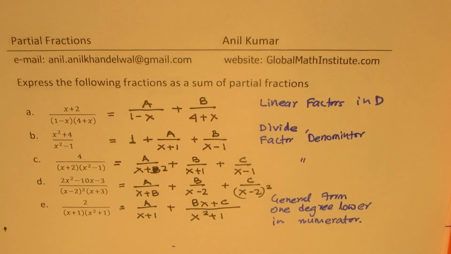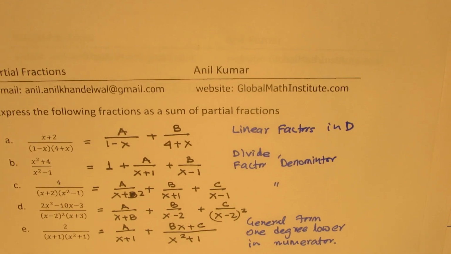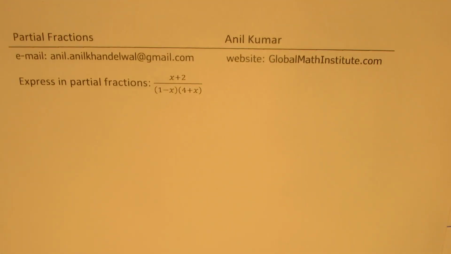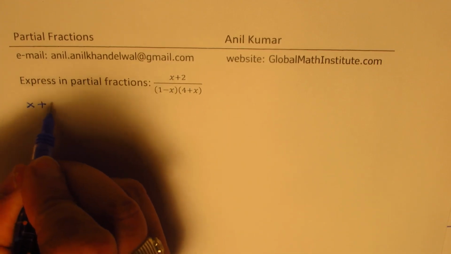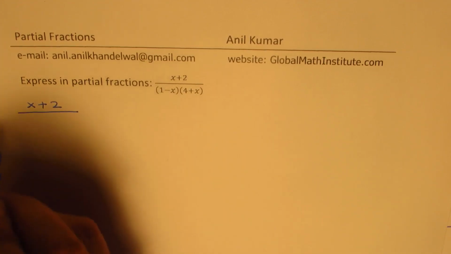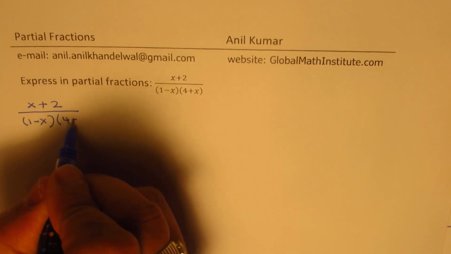So we'll actually elaborate on these strategies and see how to do partial fractions for the given rational expressions. Let's begin with the very first one, which is x plus 2 over 1 minus x times 4 plus x.